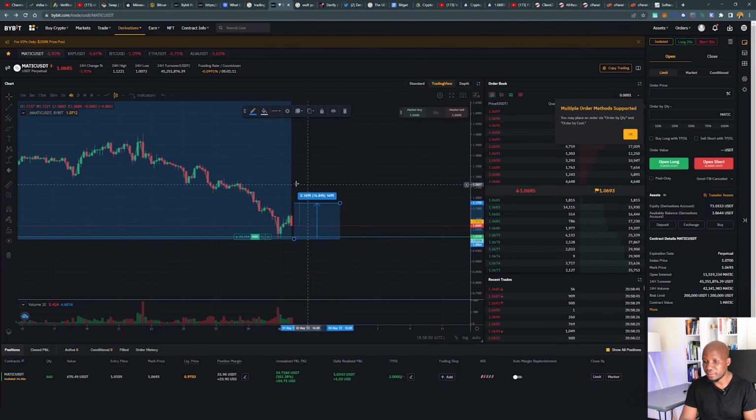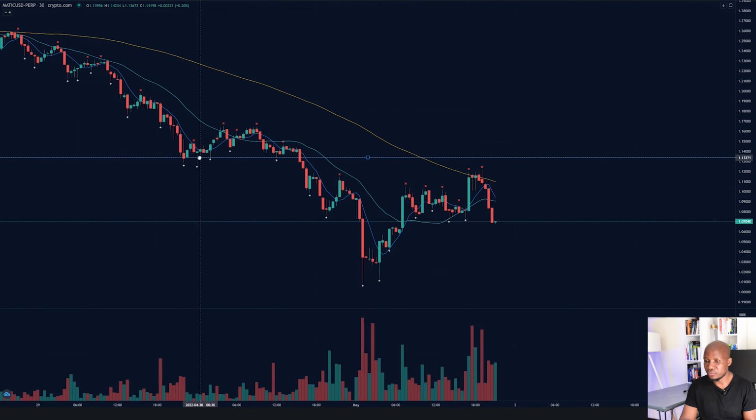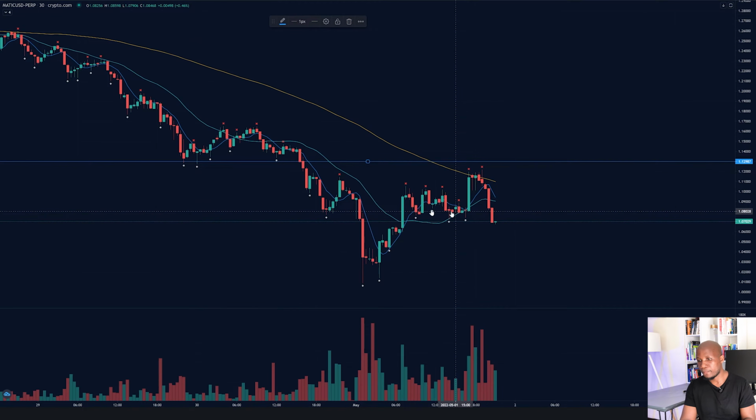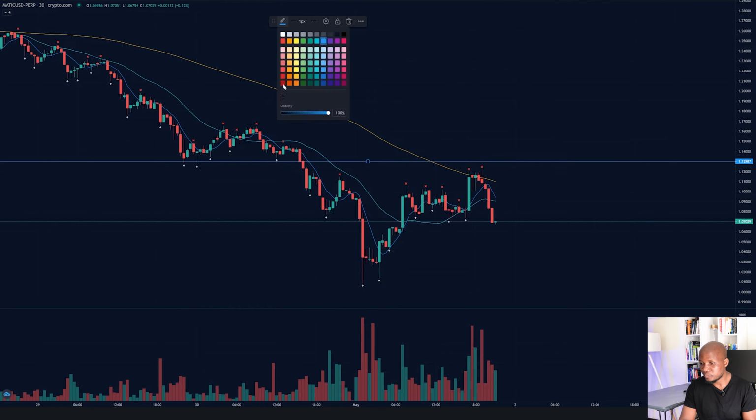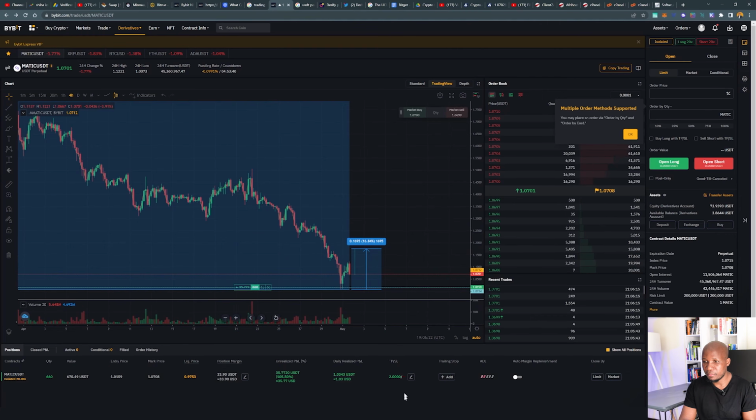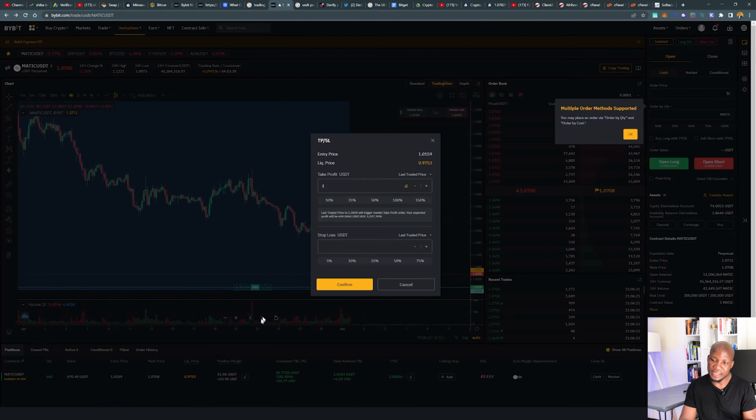Let me just move over here, which is more clear. Now you can see that we should be bouncing back and trading beyond this line here, which is the yellow line. Let me just bring this over right here and change that to red, because this is the point where I'll be looking to sell or to close my position.